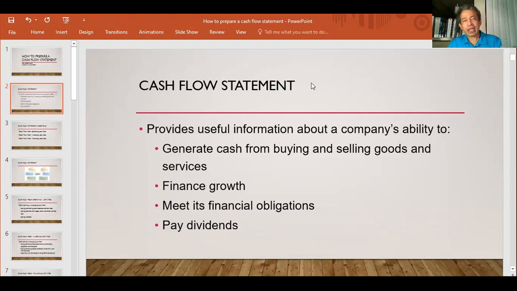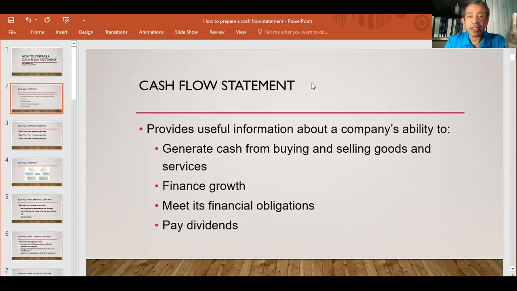So these are the highlights, but the main point is that the cash flow statement provides you a whole range of information that you can use to assess the company's ability to see how the company is doing, what the blood circulation it is having.